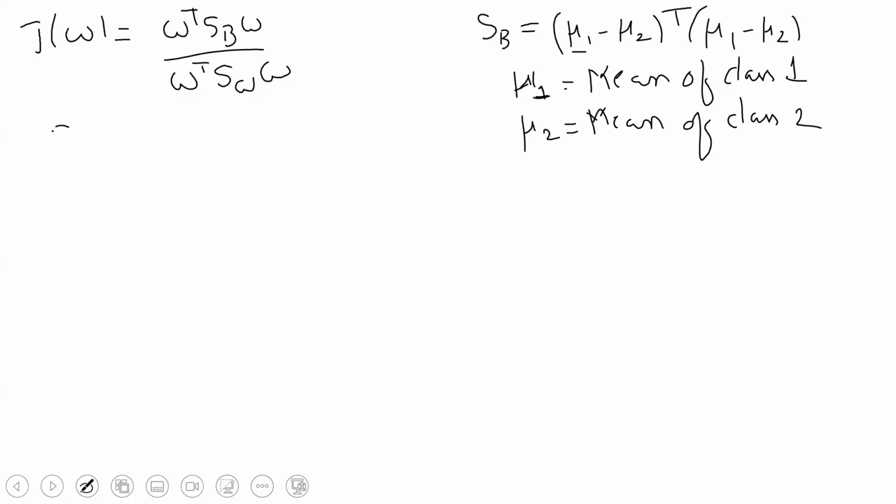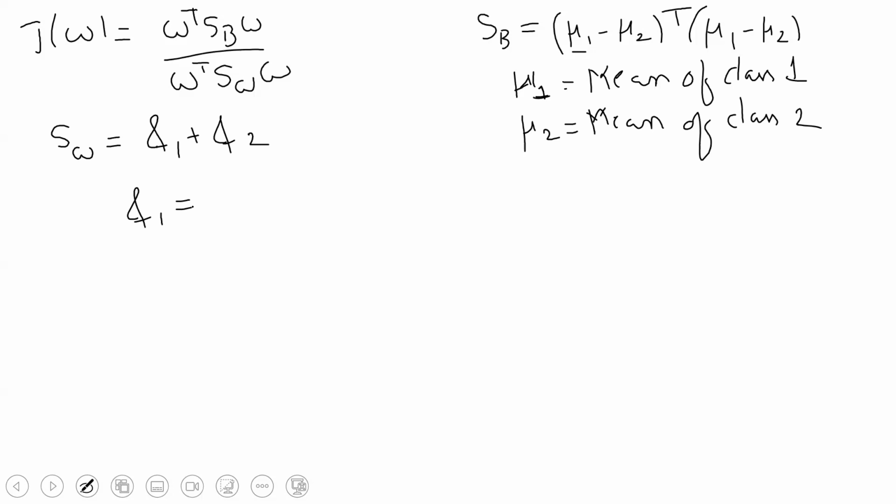Now what is SW? SW is nothing but S1 plus S2. What is S1? Scatter of class 1. Within class scatter matrix is SW.